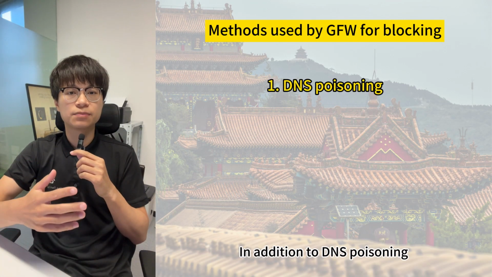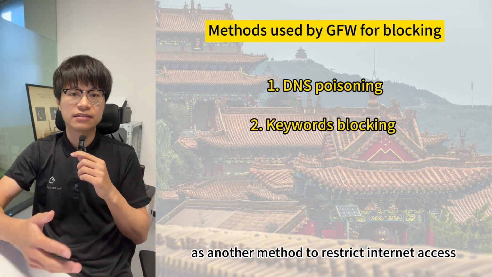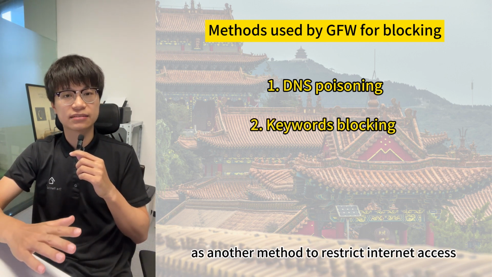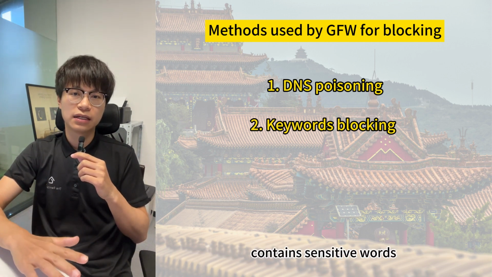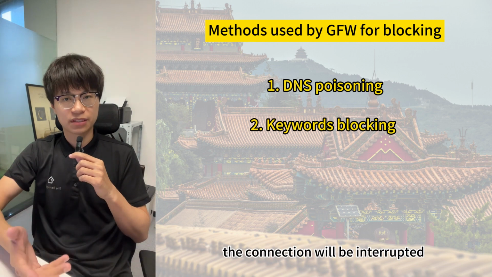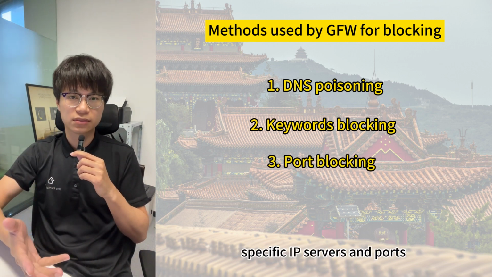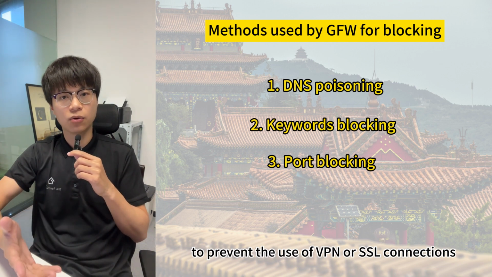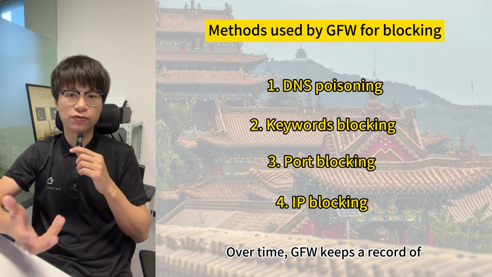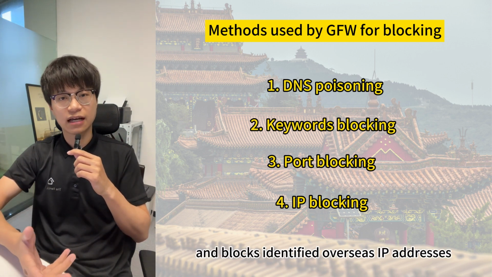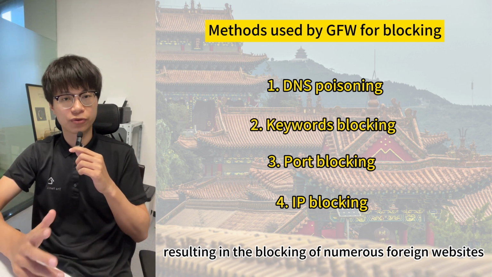In addition to DNS poisoning, GFW also uses keyword blocking as another method to restrict internet access. If the data stream you transmit contains sensitive words, the connection will be interrupted. Furthermore, GFW may block specific IP servers and ports to prevent the use of VPN or SSL connections. Over time, GFW keeps a record of and blocks identified overseas IP addresses, resulting in the blocking of numerous foreign websites.